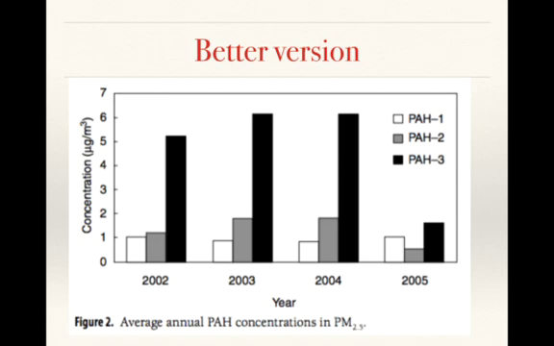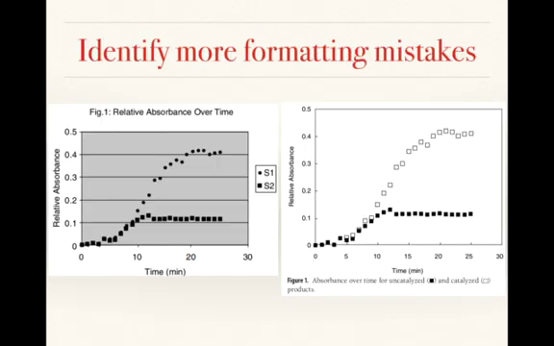On the left-hand side, you can see the incorrect version, and on the right-hand side, you can see the same graph, not table, graph, a figure that is basically a much better version than the first one. I want you to identify more formatting mistakes or any mistakes that were not included in the previous slide.